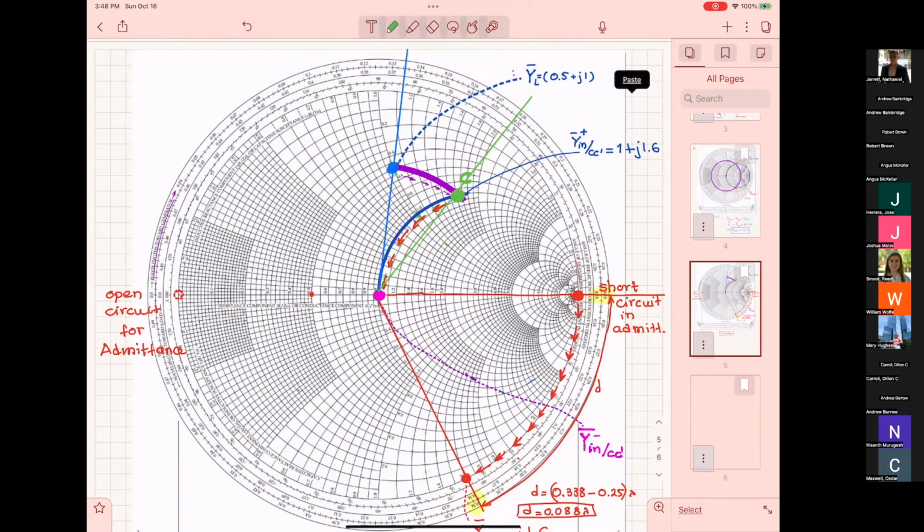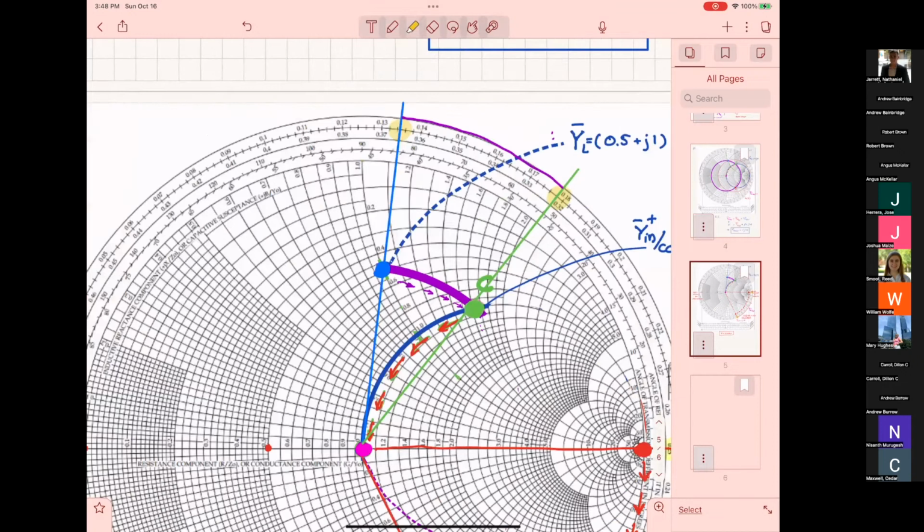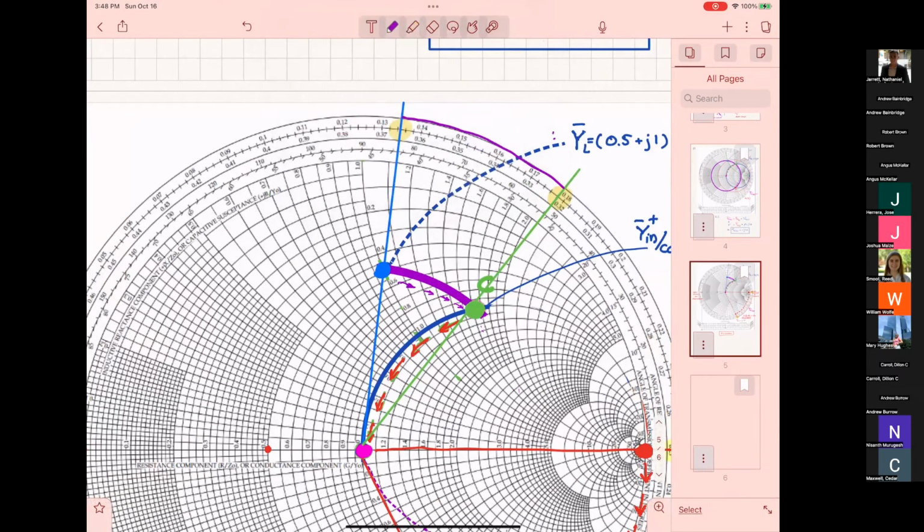I want to see how far I moved from the blue point to the green. Then I look here and there. I found this point here, 0.134 lambda. And this point, I think I covered it with the line, is 0.178.